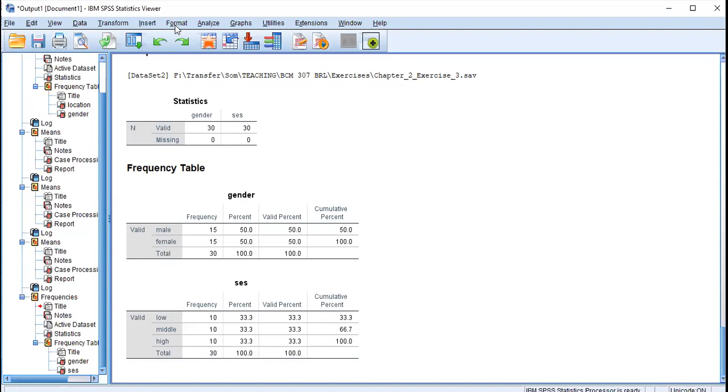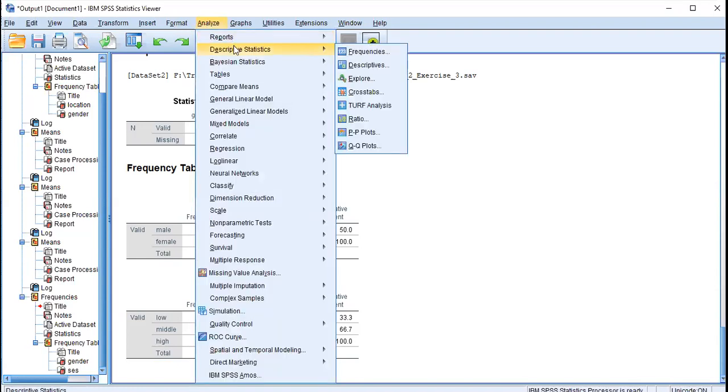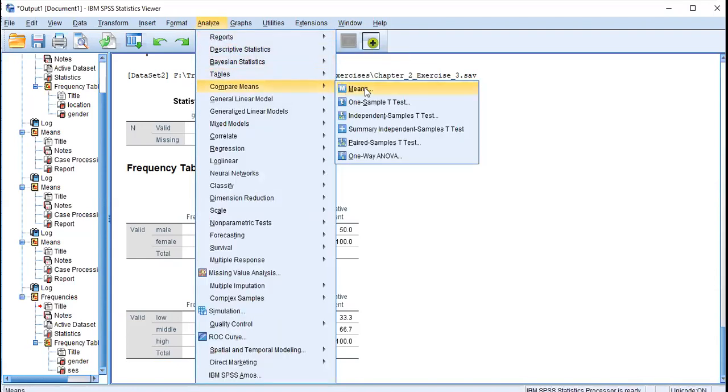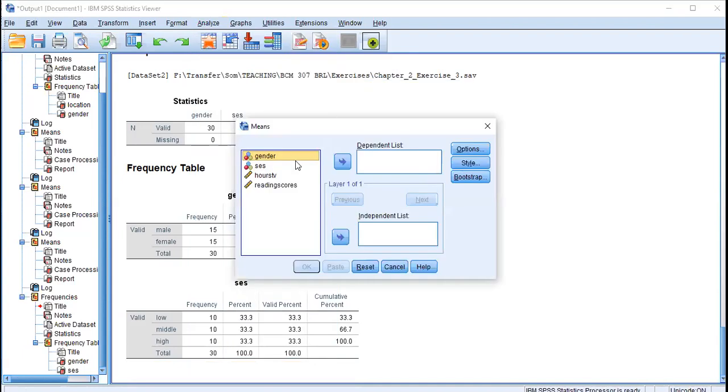Now coming to the next part, we go to Analyze, and then Compare Means. Here this is given to us. We'll take gender as the independent one, and then hours and reading scores as the dependent ones.